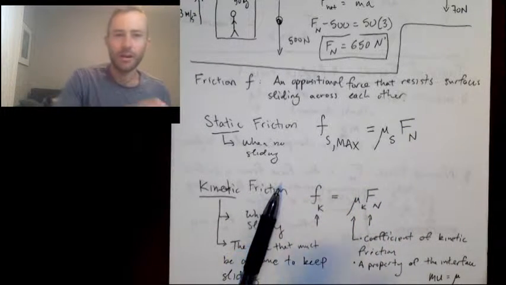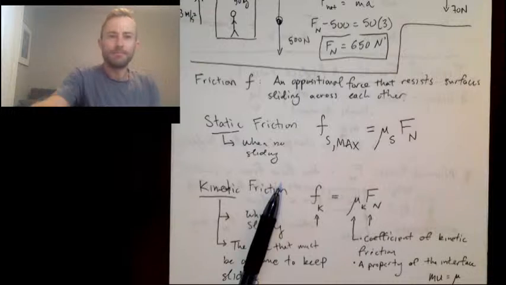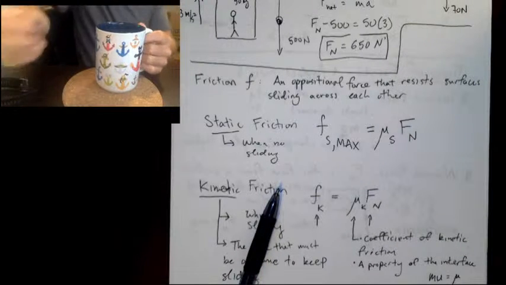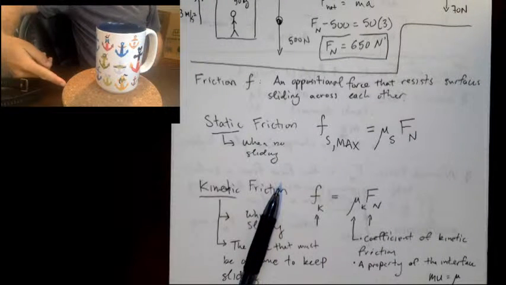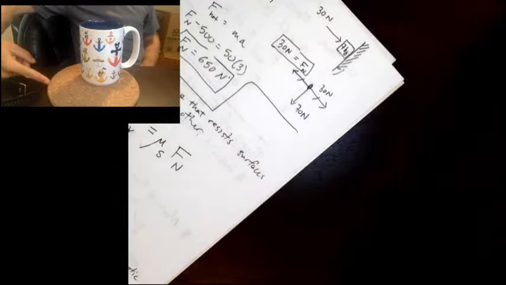So you might have noticed this before, but if you are pushing an object, it's more difficult to make the object start to move than it is to keep it moving. So, you might have a situation where I push hard and then it starts to move, and it's easier once you get it going.